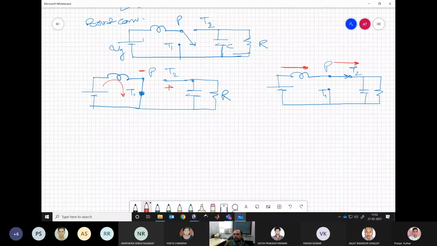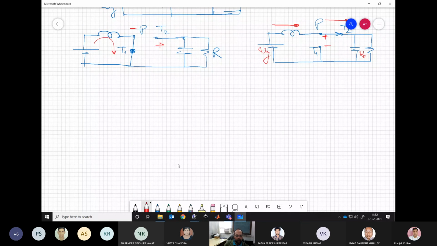The device now, because it is connected to the output voltage, has this polarity, plus and minus. So I hope you are following.